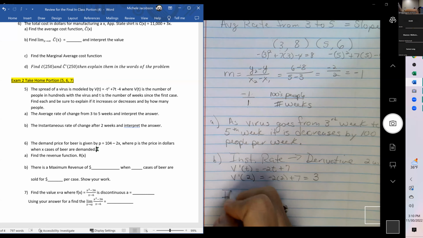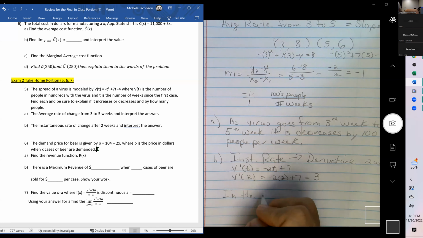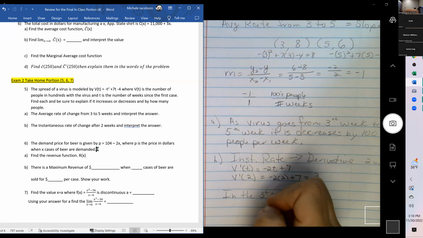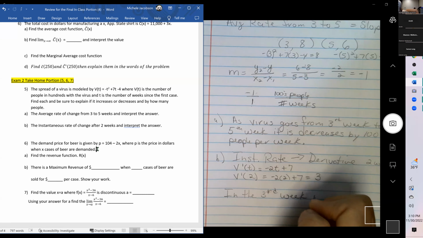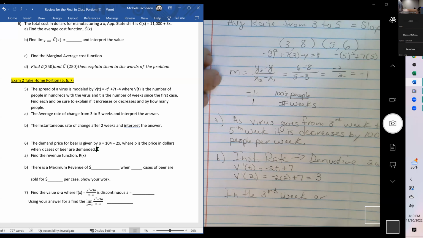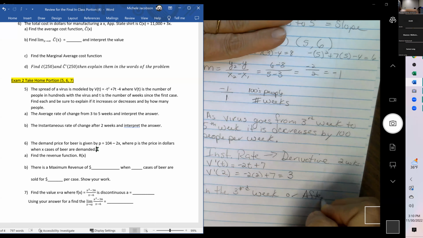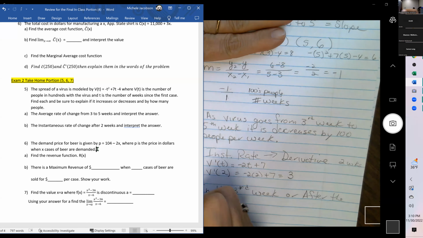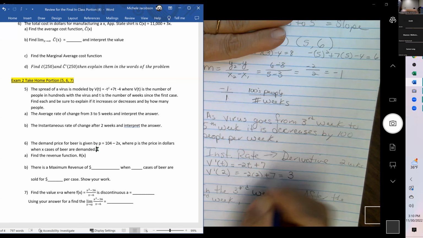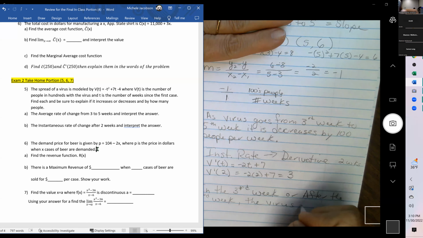So you could put in the 3rd week. Or you could put after the 2nd week. The virus is increasing because it's positive.